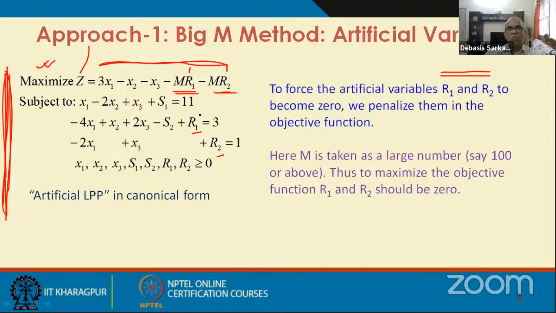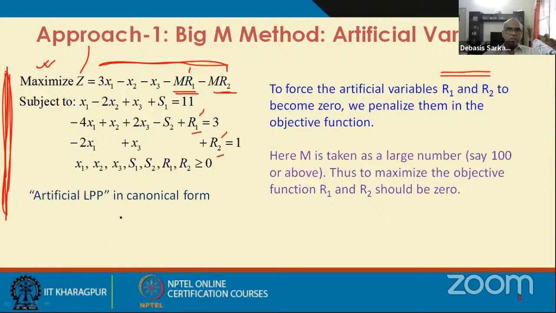Because we just drop R1 and R2 from this equation, so this becomes the original linear programming problem in standard form. So that is the key principle of the big M method. All you do is change the objective function such that you penalize the presence of R1 and R2, and you go ahead as usual with the simplex method.